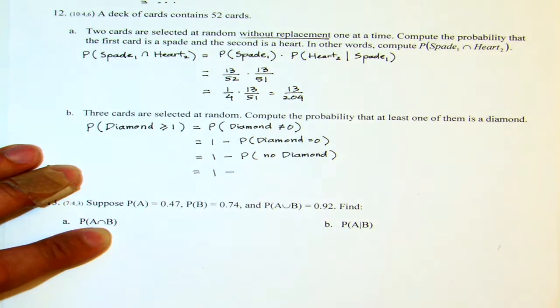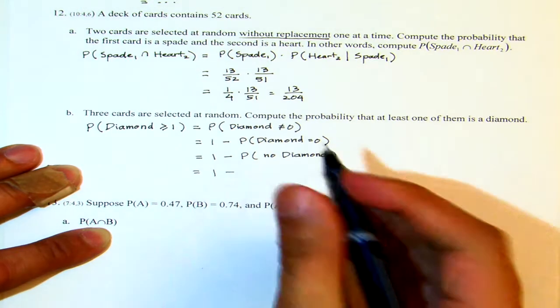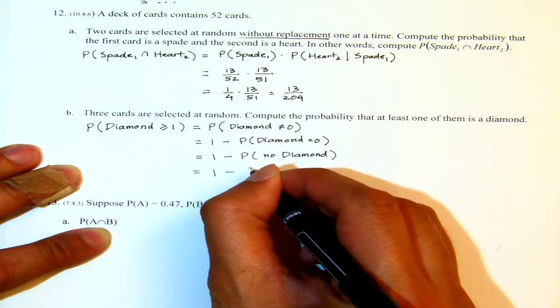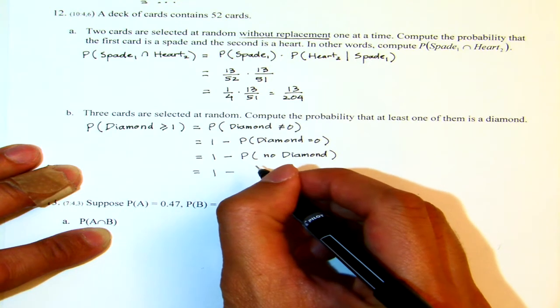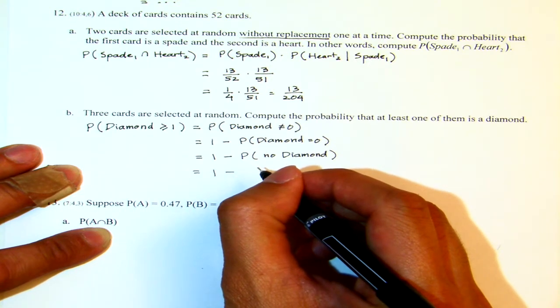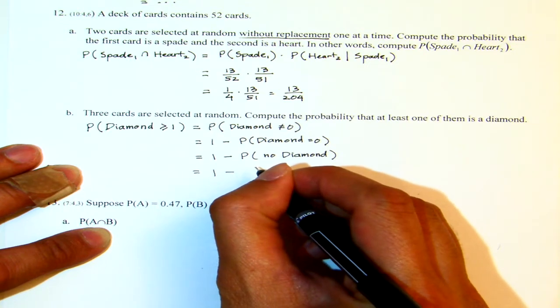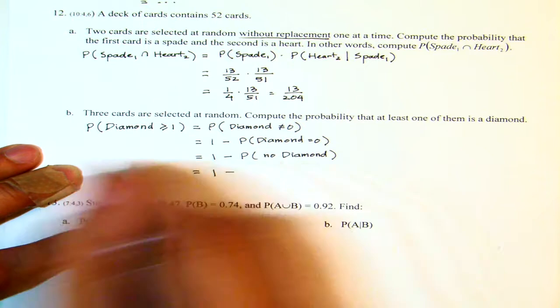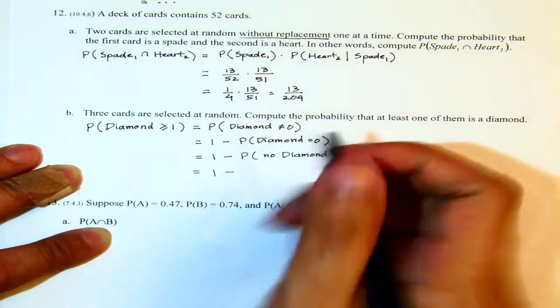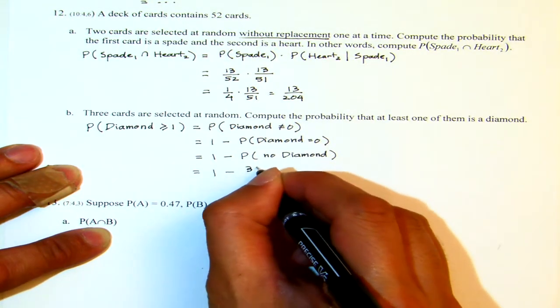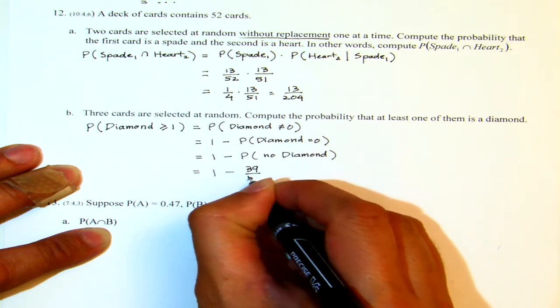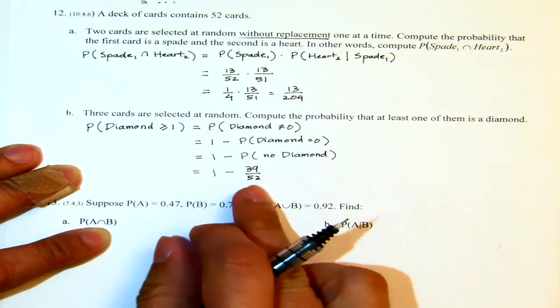Right? Now then, what is the probability that out of these 3 cards here, all of them are not diamonds? And we see if the first one is not a diamond, how many cards are not a diamond? There are 52 minus 13, right? There are 39 out of 52 cards.